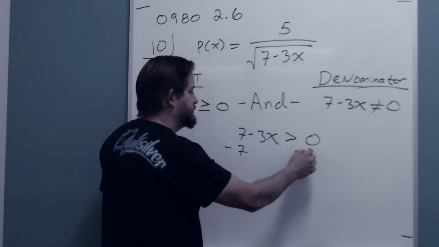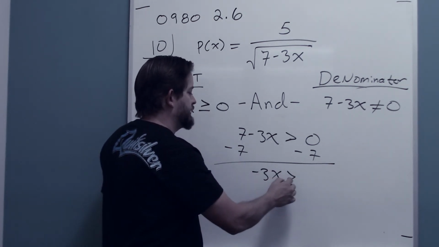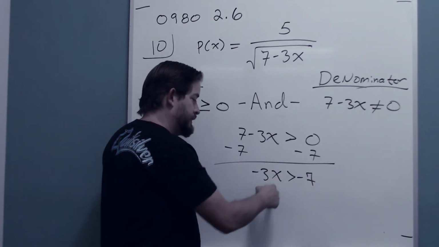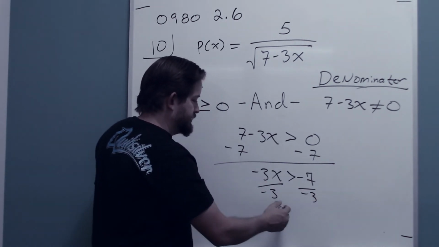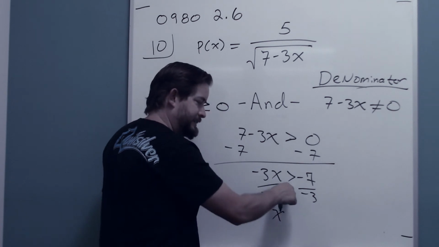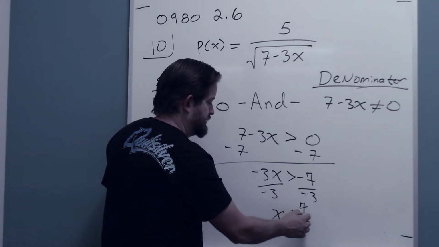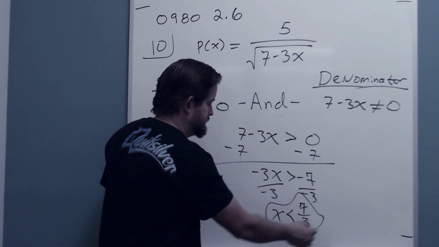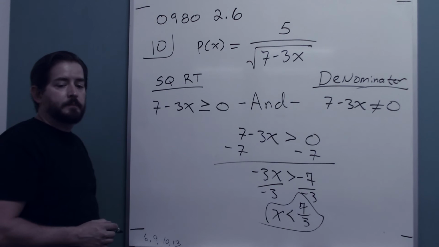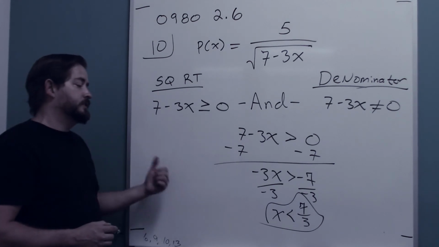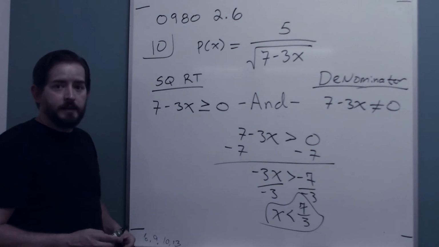Subtract 7, leaving me with negative 3x is greater than negative 7. Divide each side by negative 3, and that gives me x is less than, because I have to switch this, positive 7/3. Right? And that's my domain. You'll have to take this, turn it into interval notation, but that would be your solution to number 10.